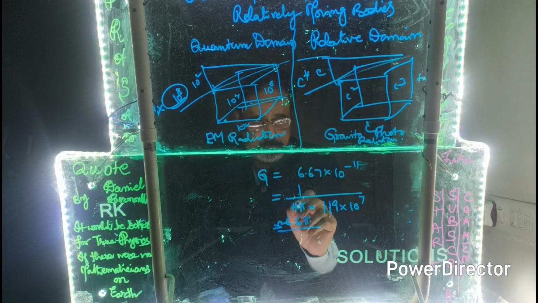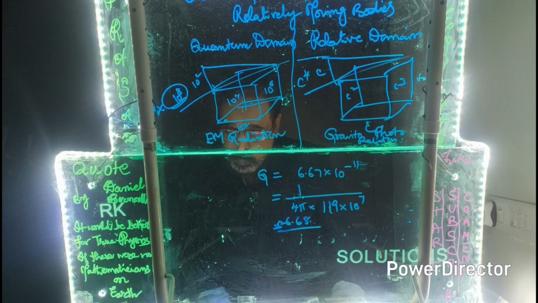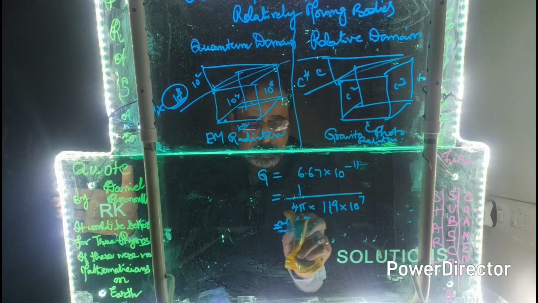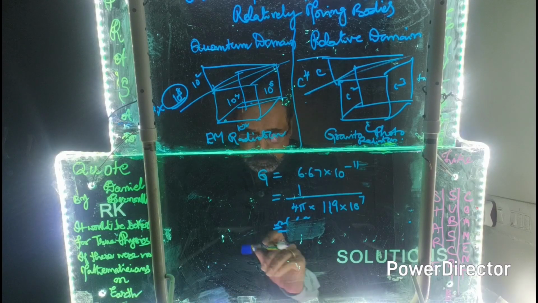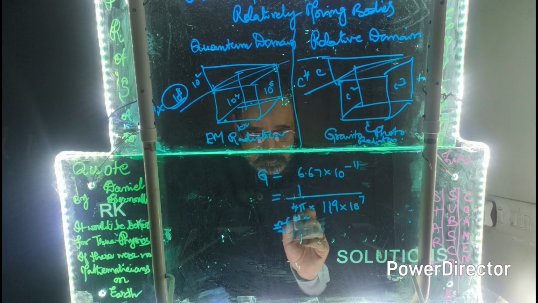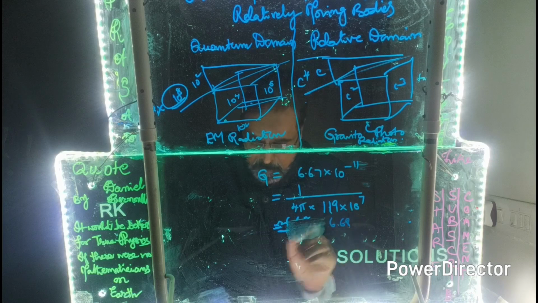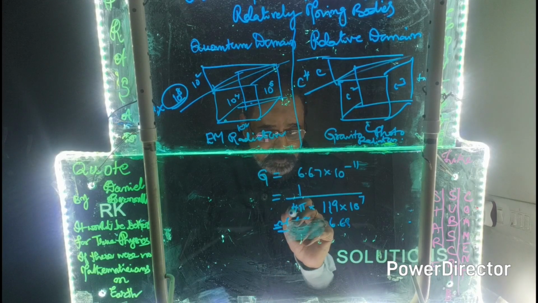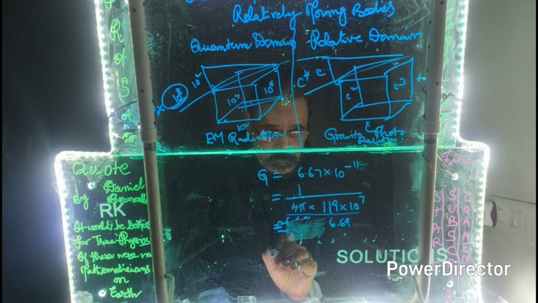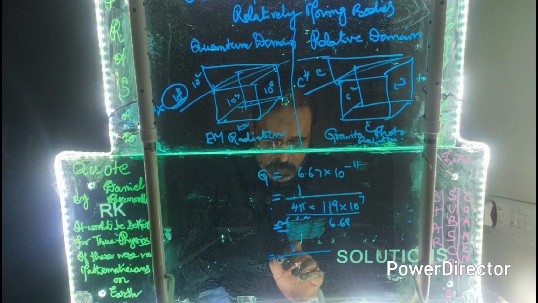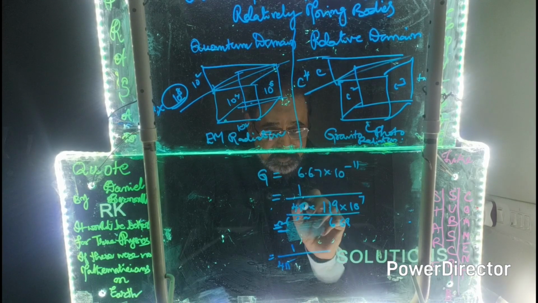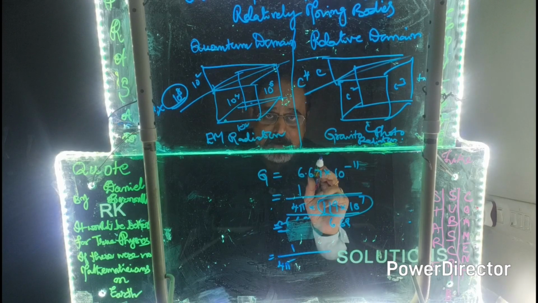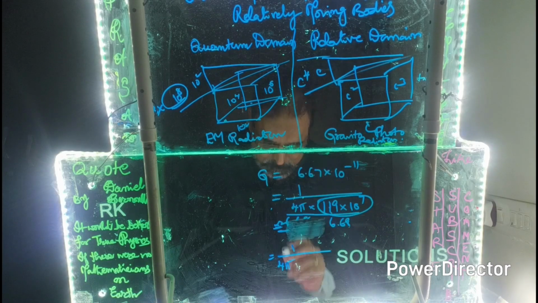So I told you that we can write it here: G we have converted into 1 by 4 pi, 1 by 4 pi, and this thing I called a different constant.